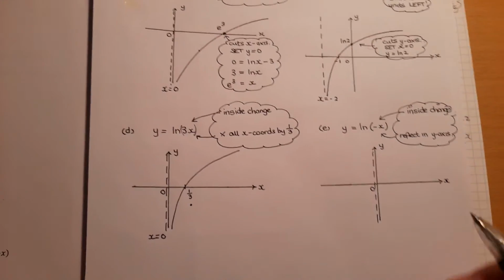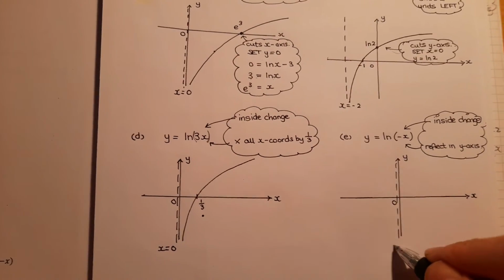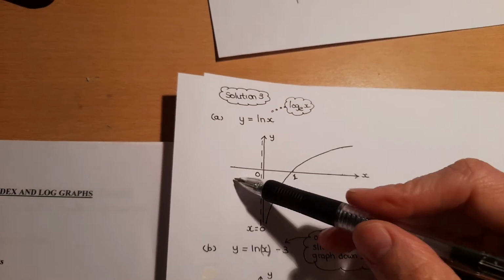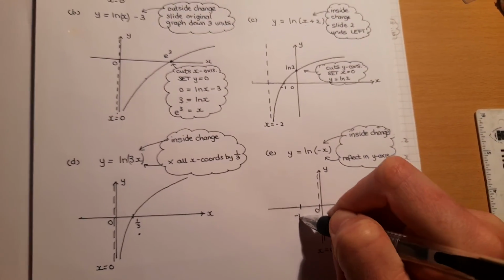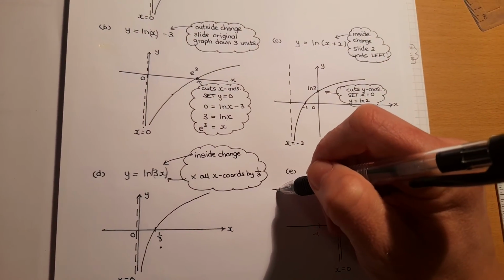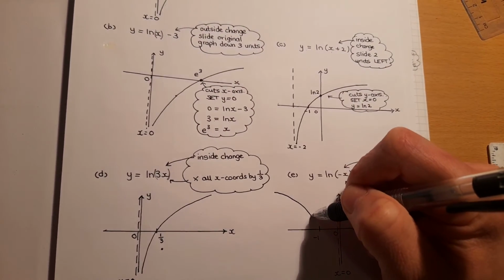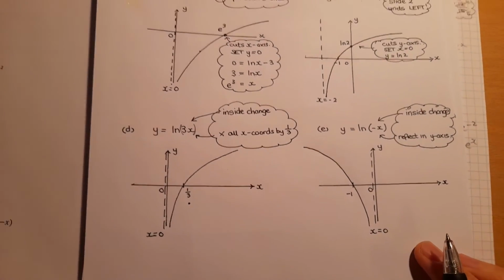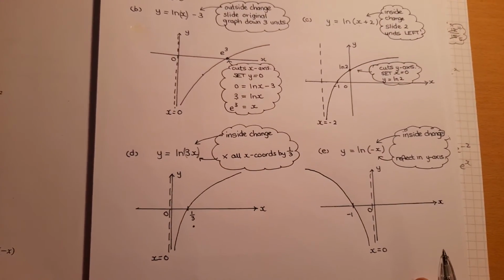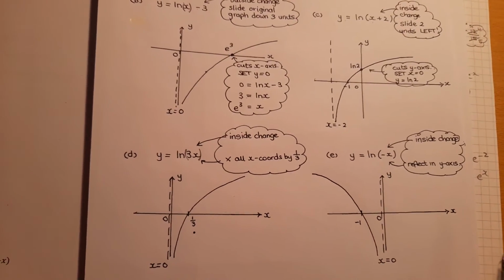Again, that is x equals 0. So the graph is now going to cut the x-axis at -1. And it's going to be the same shape, but obviously reflected. So it's going to look like that. Again, we know already where it cuts the axes, it only cuts the x-axis.